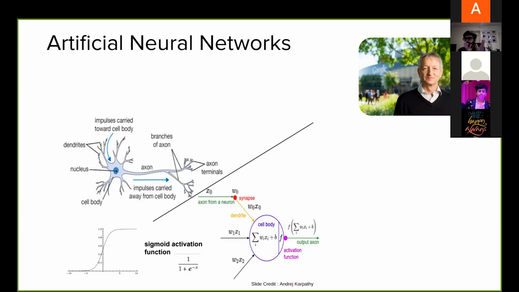These are all branching like a tree. When red light falls on the retina, some of the neurons fire and some of them do not. It's like electricity. Some of them pass electricity and some of them do not.